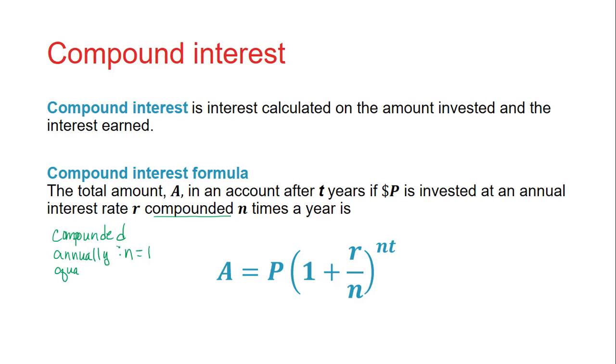Compounded quarterly, that's every 3 months, so N would be 4. We can have compounded monthly, N would be 12. Compounded daily, N would be 365.